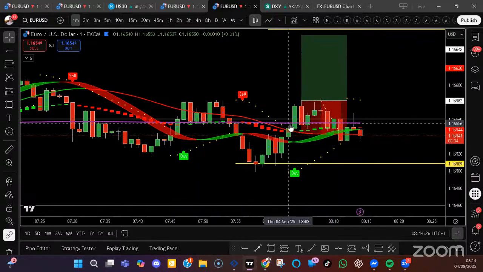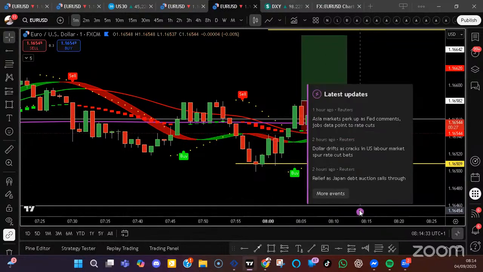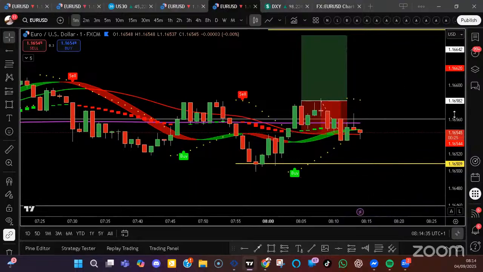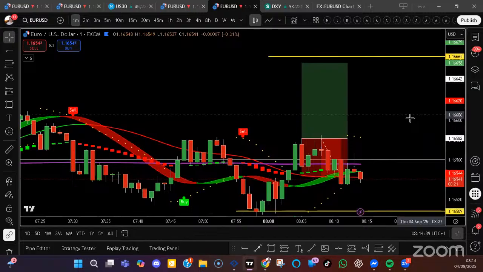And now we've got more consolidation going on. So the way it goes, 1% loss, not a big deal, I keep saying.